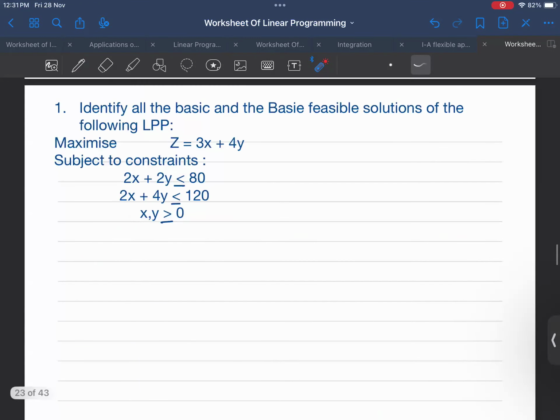I'm thinking to start with a small question. Identify all the basic and basic feasible solutions of the following LPP. Maximize Z equals 3x plus 4y, subject to the given constraints. First of all, let's introduce slack variables.